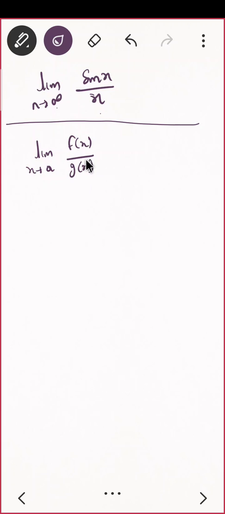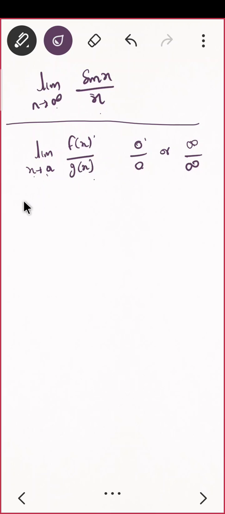Yeah, I'll just repeat it. Once you want to find the limit of f of x upon g of x, correct? If you put x tending to a, that is, if you put it here and here, and it is either 0 by 0 form or infinity by infinity form, that means if you put the value of a here, then this is becoming 0 and this is also becoming 0, then this is 0 by 0 form, or this is infinity and this is also infinity, then this is infinity by infinity form.